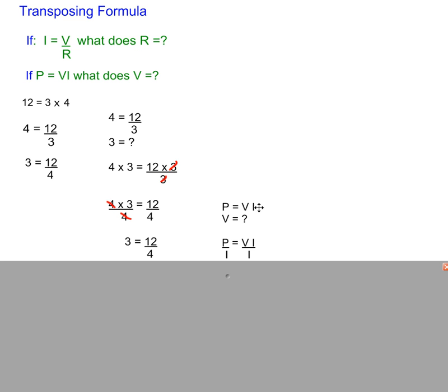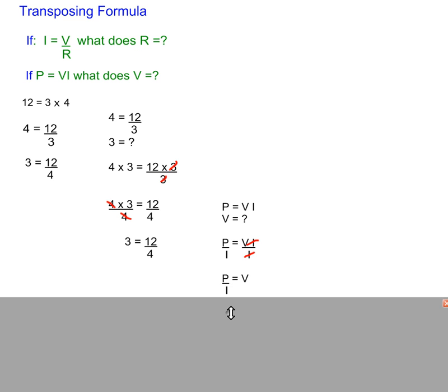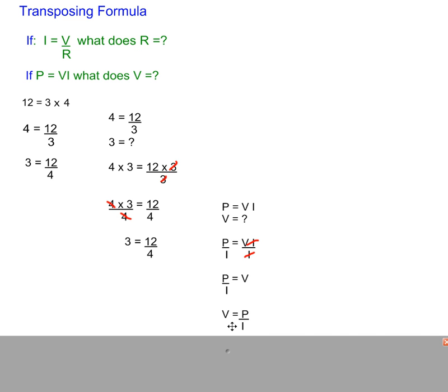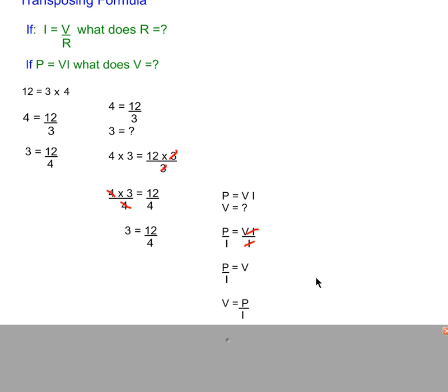We want to get the I away from the V, so we'll divide both sides of our equation by I, and the two I's cancel each other out, and we're left with P over I is equal to V. However, under normal mathematical conventions, our unknown goes on the left and our known values go on the right. So we just rearrange our formula without changing the layout at all.